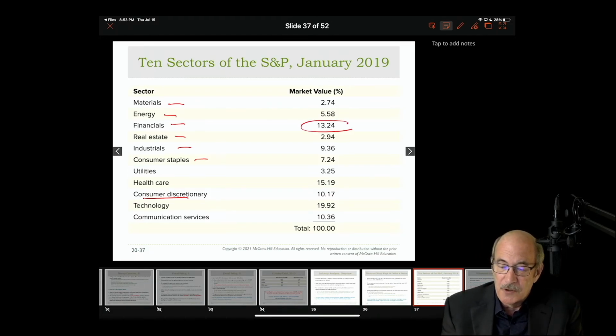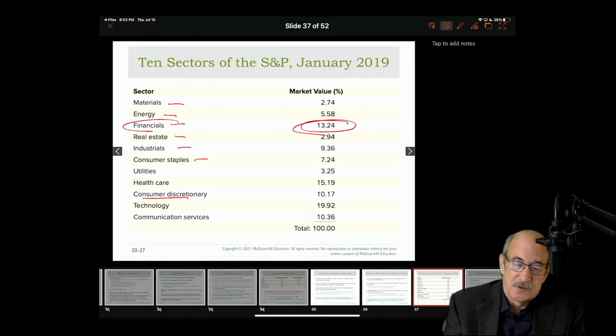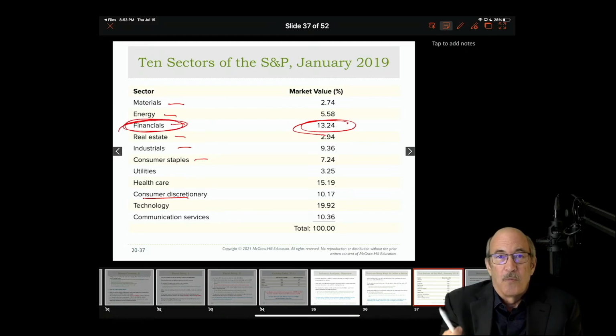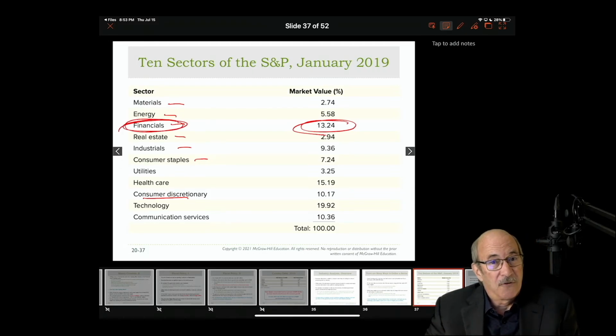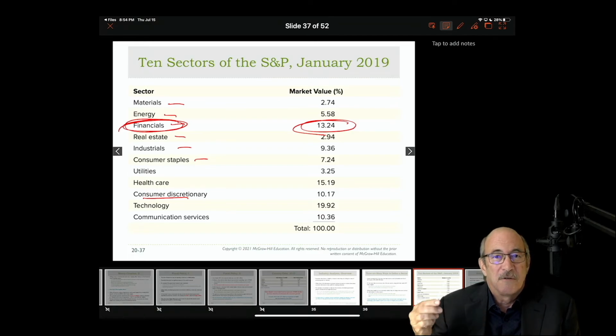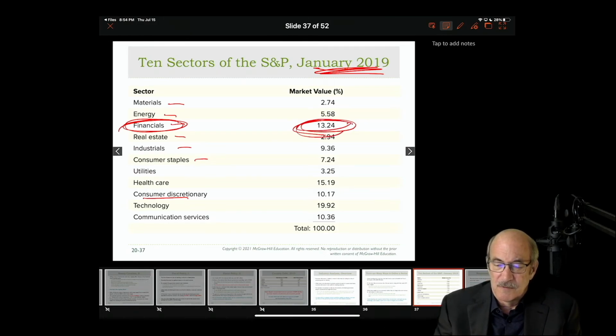Another thing I want to point out to you all, look at financials. You're all focused on finance as a career path, or at least thinking about it. If you're an MBA student, you're not necessarily majoring in finance, but you've got an interest in it. Look at that: 13.25% of market value back in January of 2019. Now that's varied a lot. It's gone up above 20%. And this is kind of a low point, really.